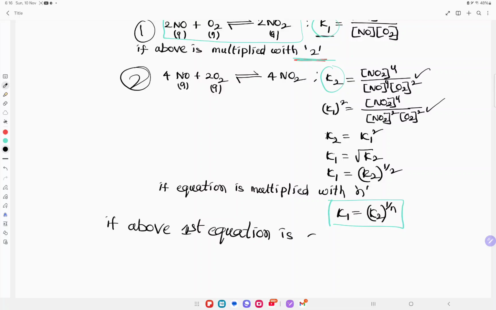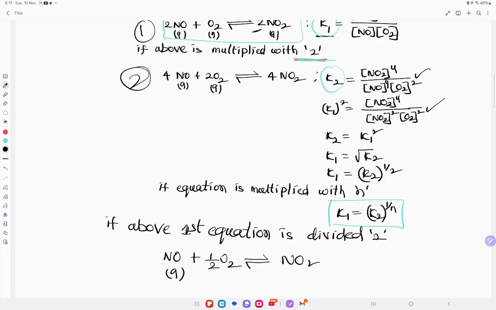Above first equation is divided by 2. So the first equation divided by 2 means 2 by 2 becomes 1. So NO plus, here 1 is present, 1 by 2 O2 gives rise to what? Here 2 is there, 2 by 2 becomes 1, so NO2.